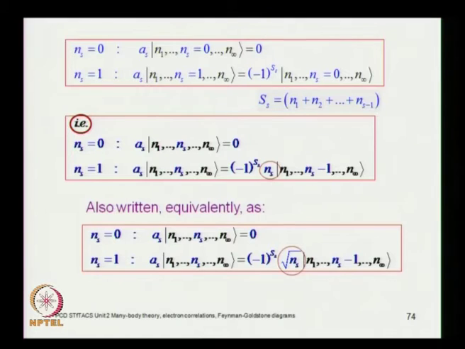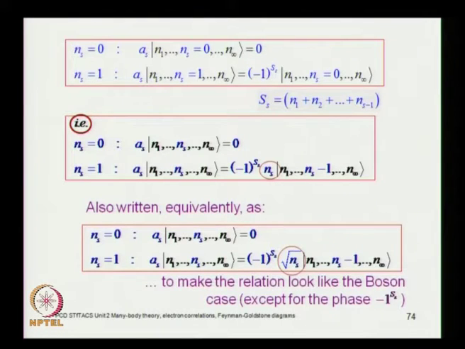In the Bose case you remember that when the destruction operator operated on an occupation number state, you got another state with one boson less, but there was a scaling by a factor square root of n. When you created, the scaling was square root of n plus 1, you remember, that is the result which I had asked you to take note of.